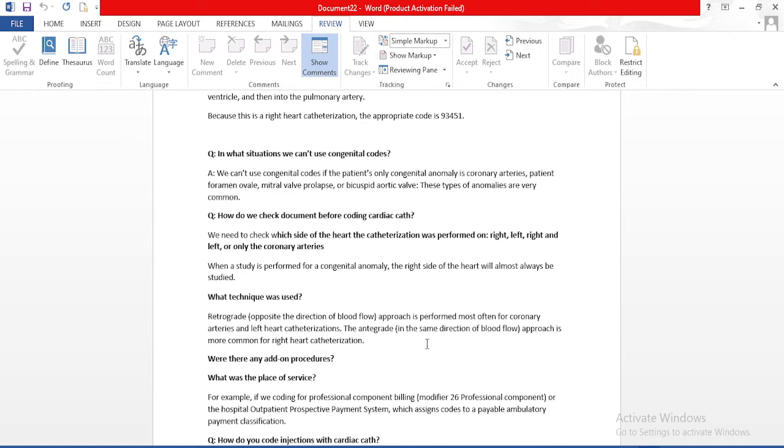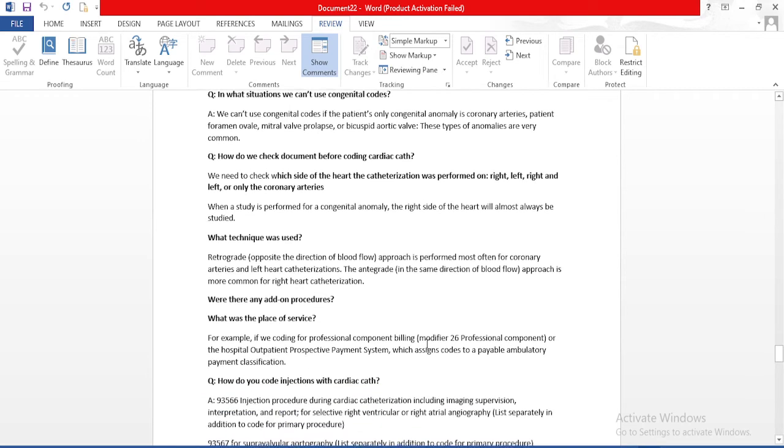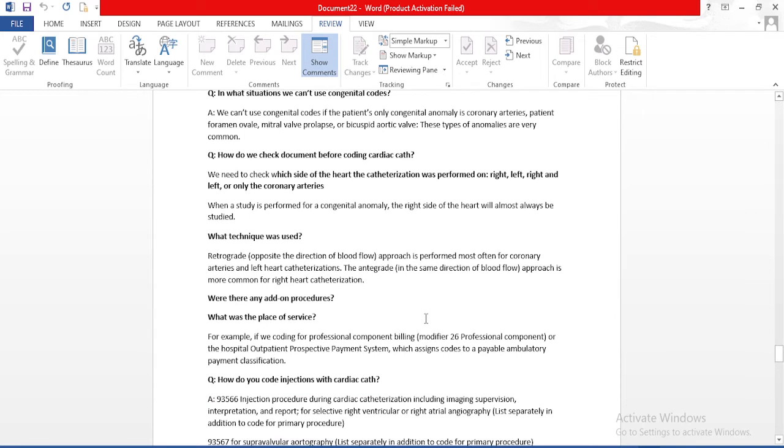How do we check documentation before coding cardiac cath? Whenever we are trying to code cardiac cath, where do we proceed? Initially we need to check which side of the heart catheterization was performed on: right heart, left heart, right and left heart, or only the coronary arteries.